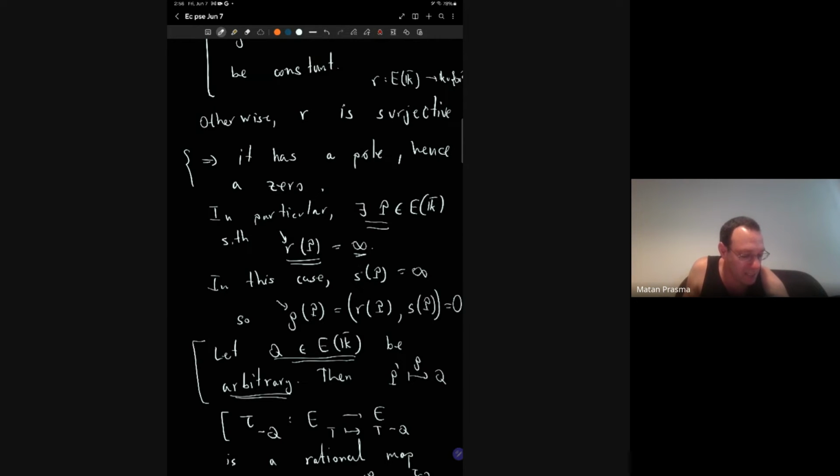But then S has to map this point also to infinity. So altogether, rho would map this point into infinity, infinity, which is O. So the takeaway from this part is that every non-constant rational map has to have a point that maps to O.